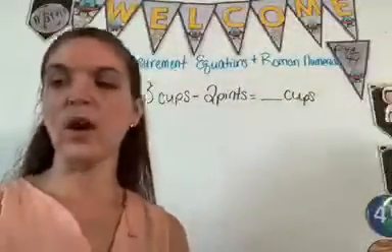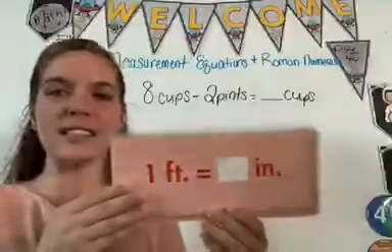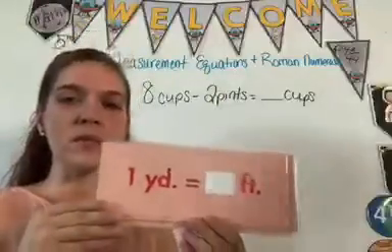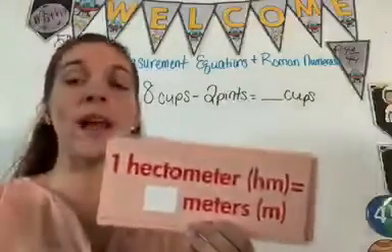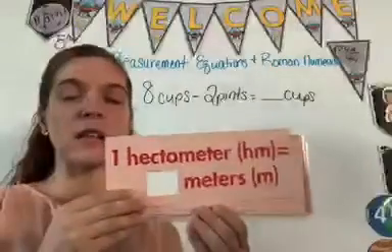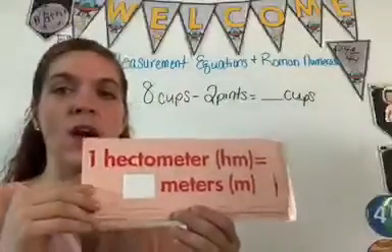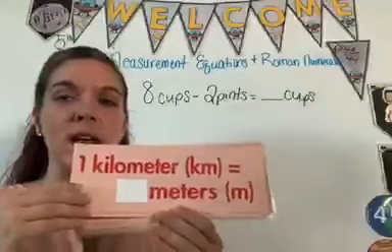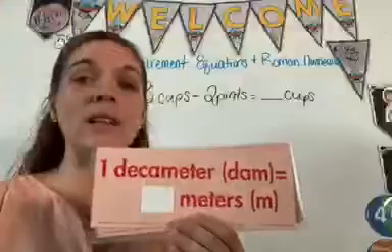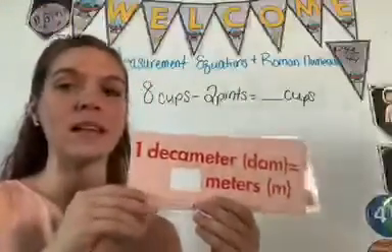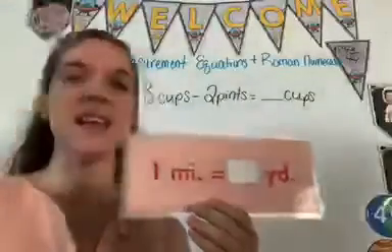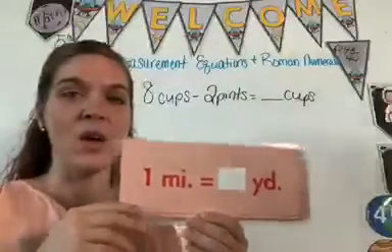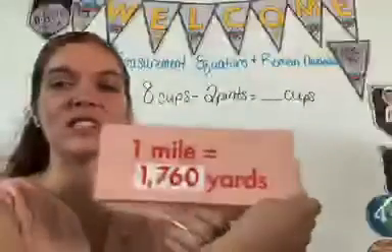Okay, here we go. Danielito, 1 foot equals how many inches? 12. 1 yard equals how many feet, Dueno? 3. 1 hectometer equals how many meters? Ethan? 100. 1 kilometer equals how many meters, Frankie? 1,000. 1 decameter equals how many meters, Emiliana? 10. 1 mile equals how many yards, Safir? 1,760.